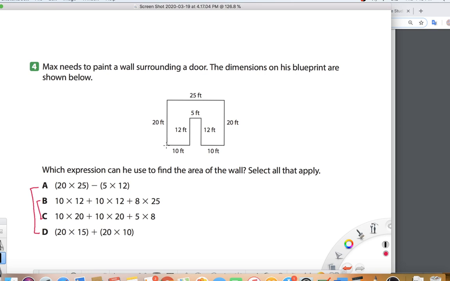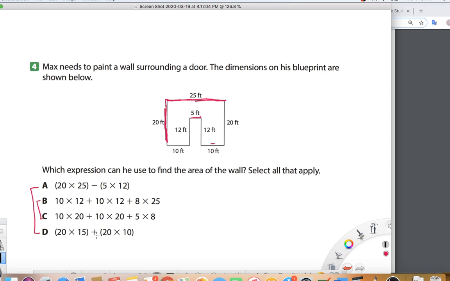That means that they took the area of one side times the other side. So they did 20 times 25, and that's like taking the area of this whole rectangle, including the door. But then they subtracted the area of the door. So that means that the door has to be 5 times 12. So it looks like this one's the correct one.